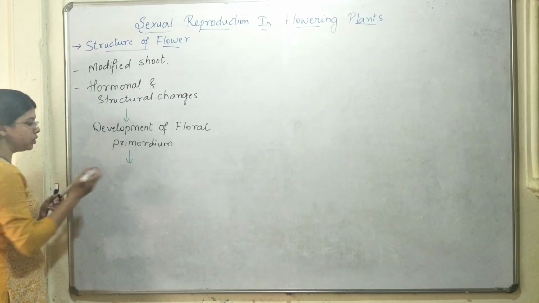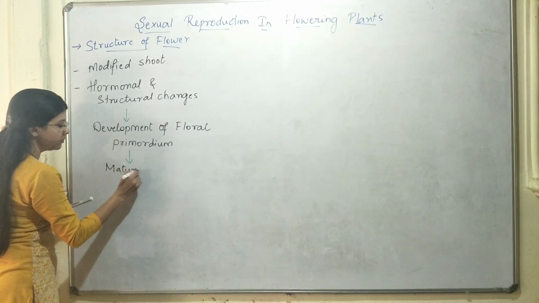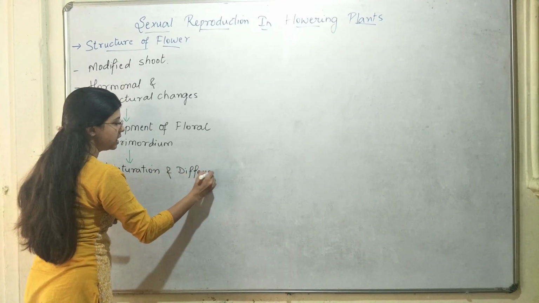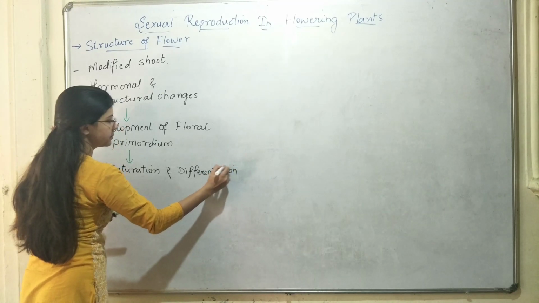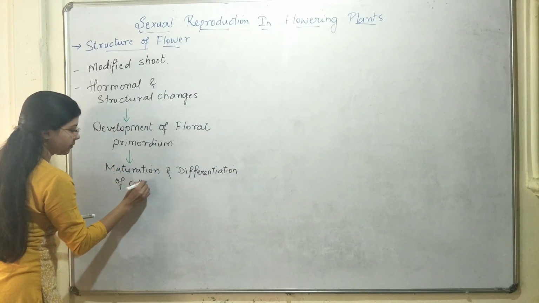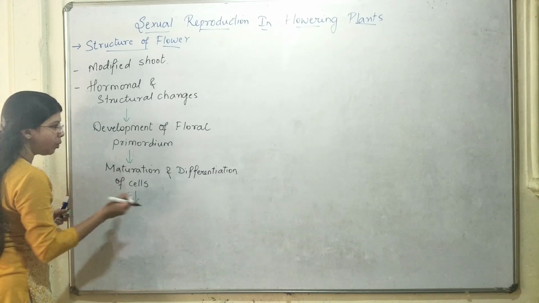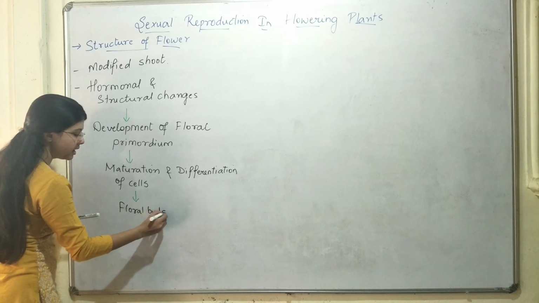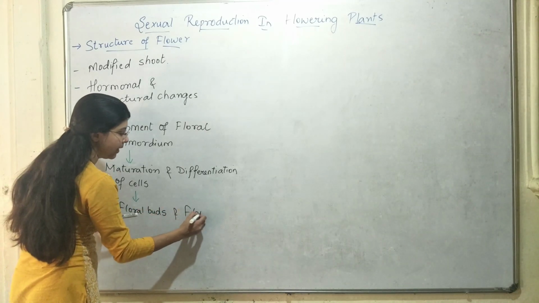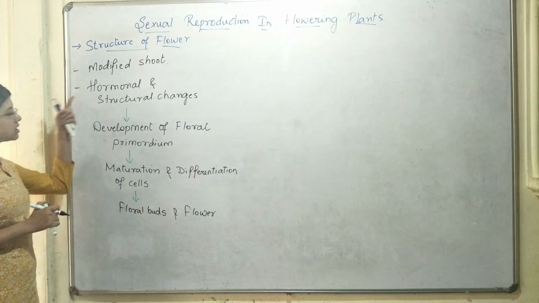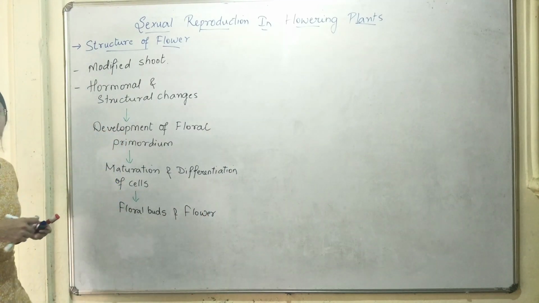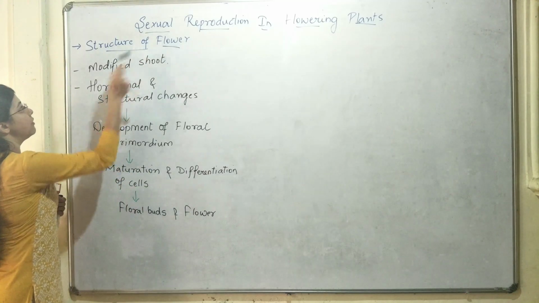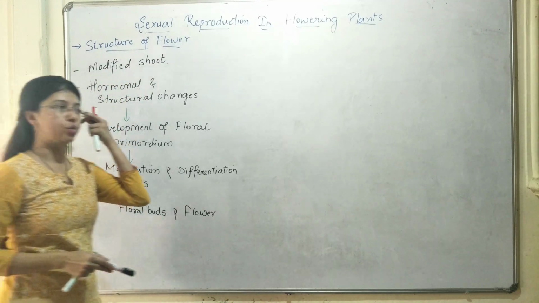Now when this floral primordium matures and differentiation of cells takes place, ultimately the floral buds will develop first, and these floral buds will develop into the flower. So these are certain changes which take place on the shoot, and then the flower develops on the shoot. Remember, a flower is a modified form of the shoot.